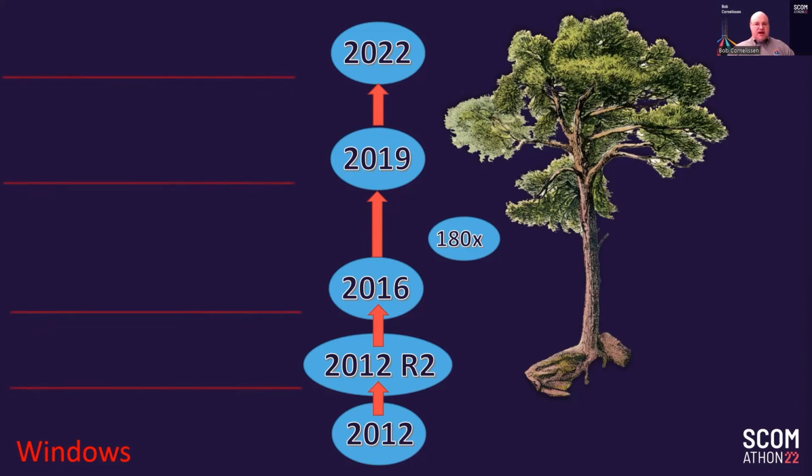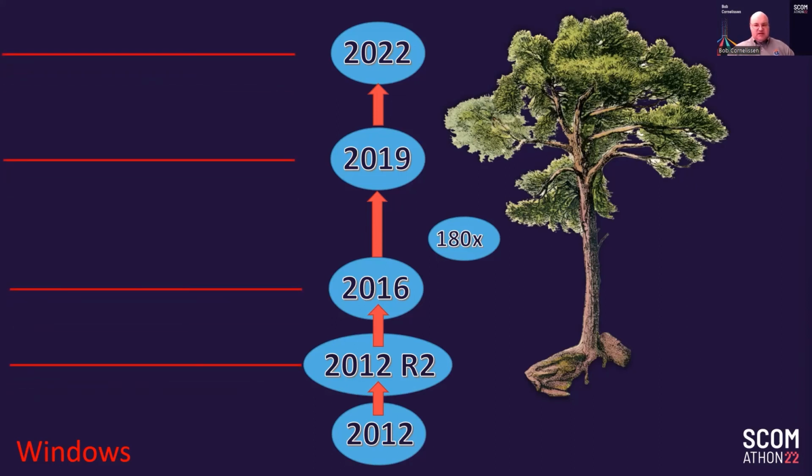Now, first keep an eye on these lines floating in. What these lines represent, if they are touching the SCOM version right in the middle, and I hope they are, is that this SCOM version supports the Windows Server version right below and above the line. Here are the Windows Server versions.